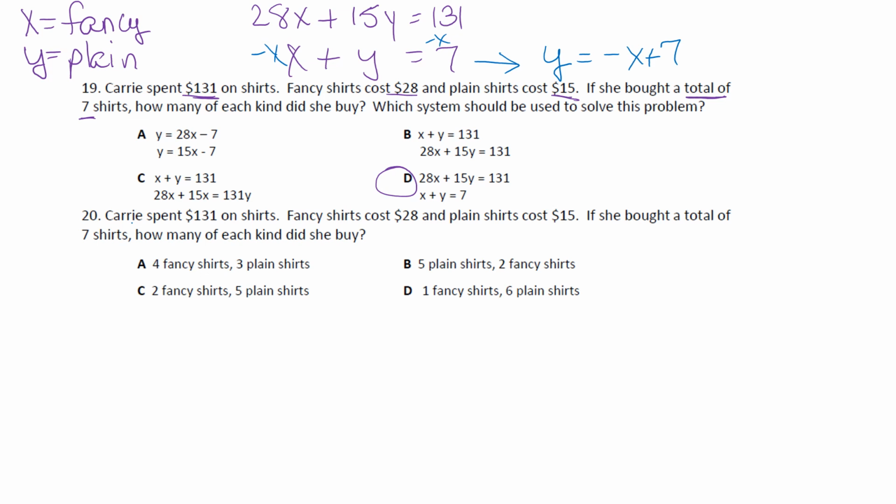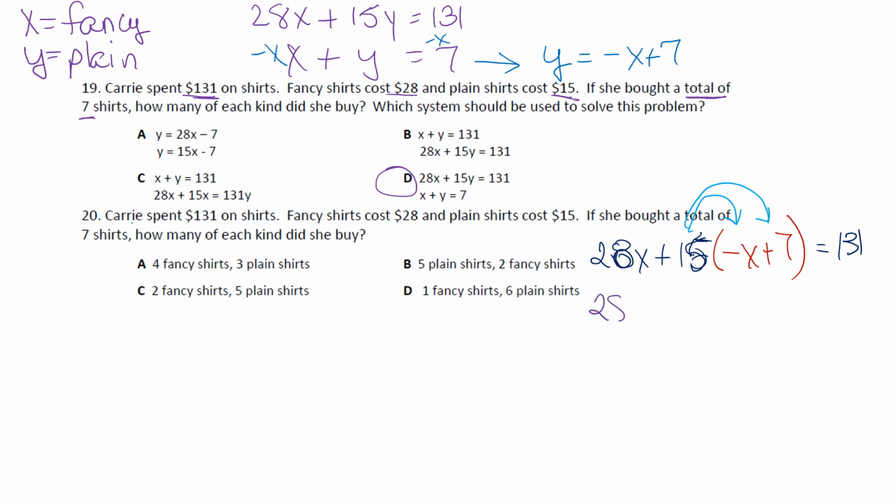So I have my equation of 28x plus 15. In place of that y, I'm going to substitute in negative x plus 7 equals 131. Do your distributive property here.